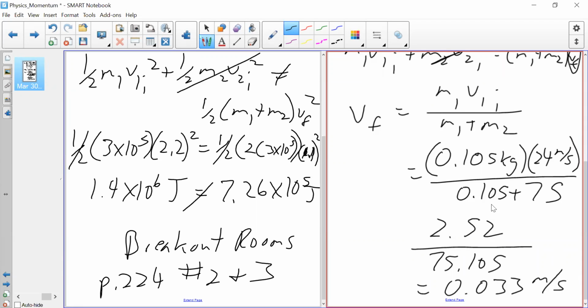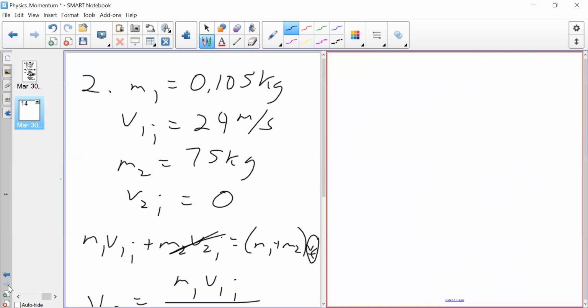So that's question 2, and then question 3. So a 35-gram bullet strikes a 2.5 kilogram steel ball that's at rest. After the collision, the bullet bounces backward at 5 meters per second. How fast? So now we have the elastic situation. 35 grams, we're going to convert to kilograms, keep everything consistent.